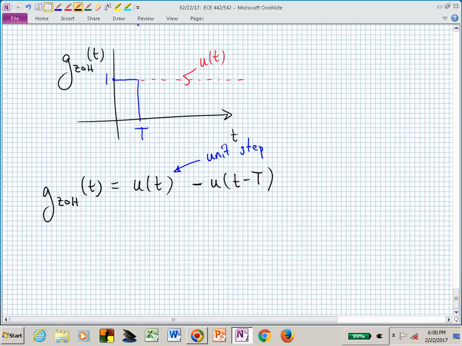So now, is there a reason why we're doing this with subtraction instead of multiplication? Good question. Why would we want to do that? Because addition and subtraction, linear operations, are easier than multiplying waveforms.